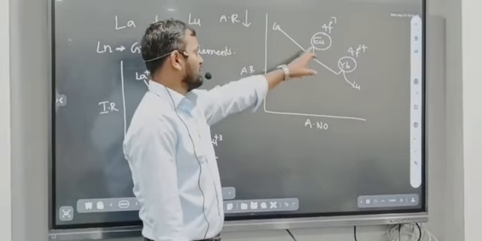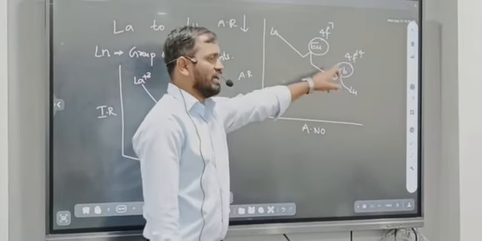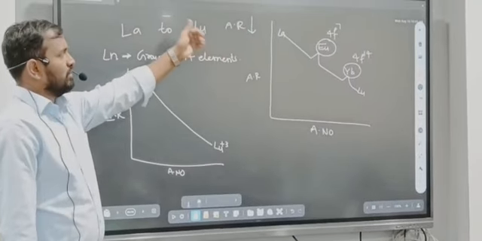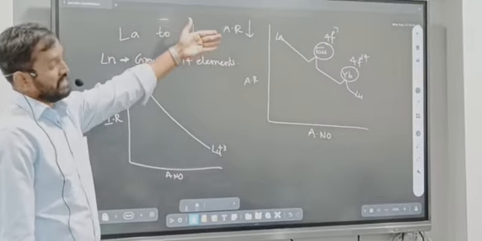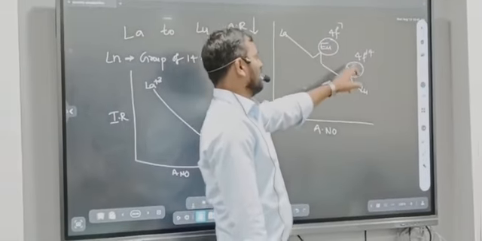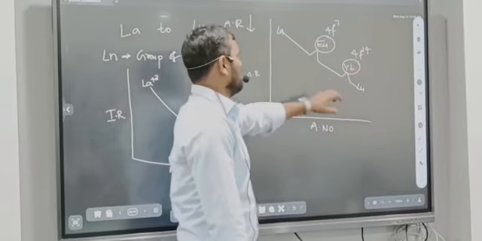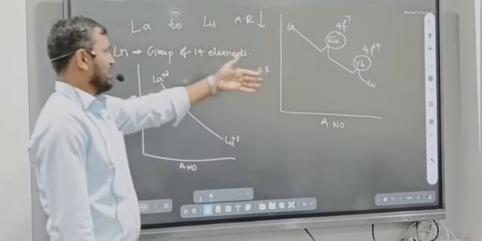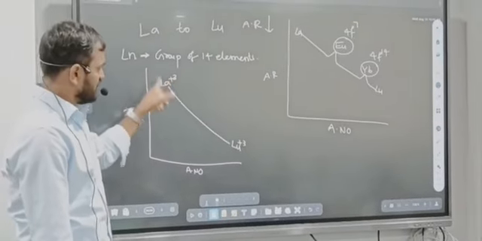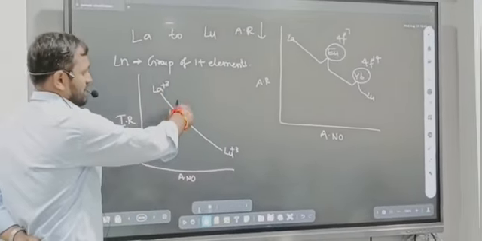In the case of atomic radius, europium and ytterbium show an abnormal increase due to their stable electron configuration. However, in ionic radius it is decreasing, and there is no increase here.